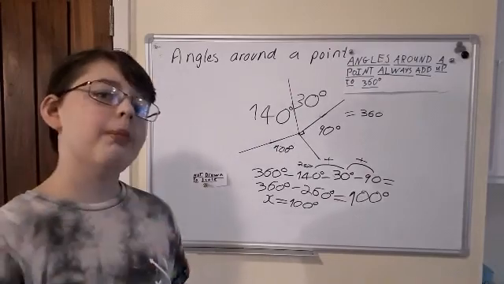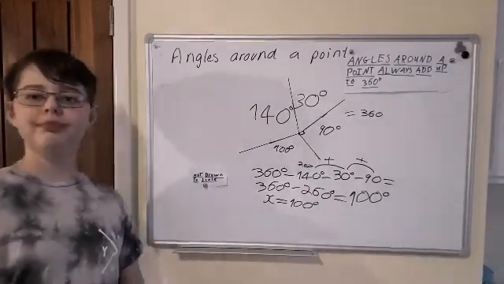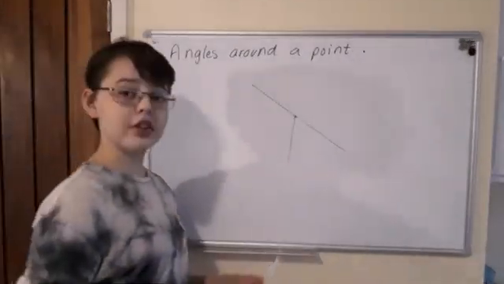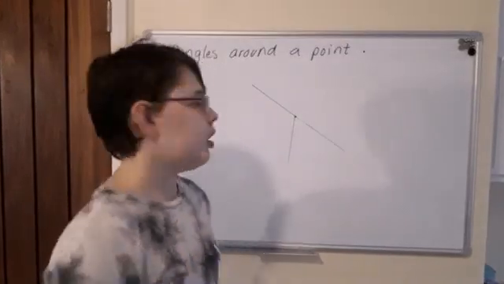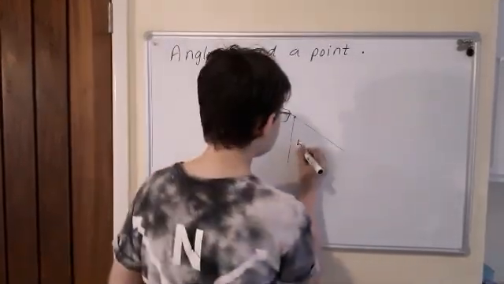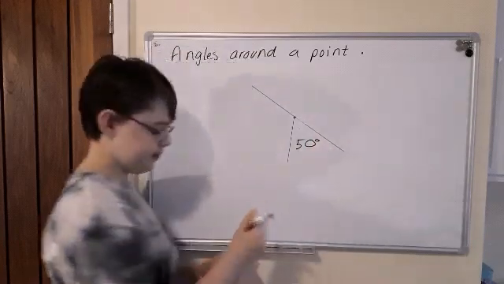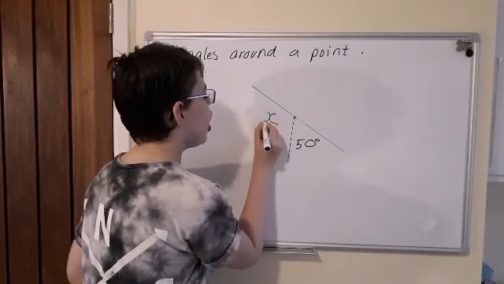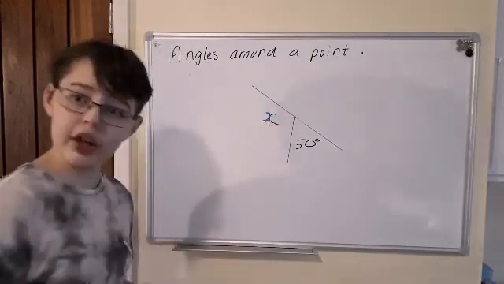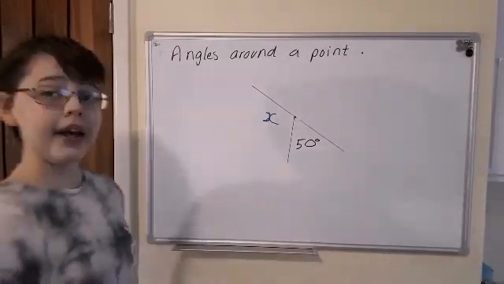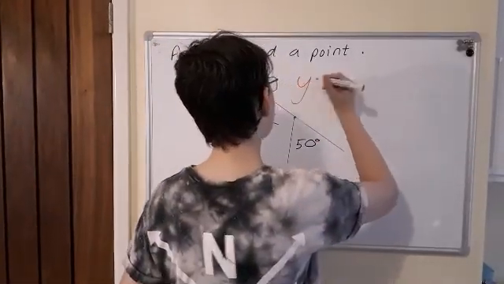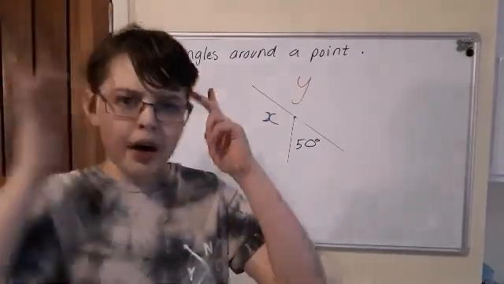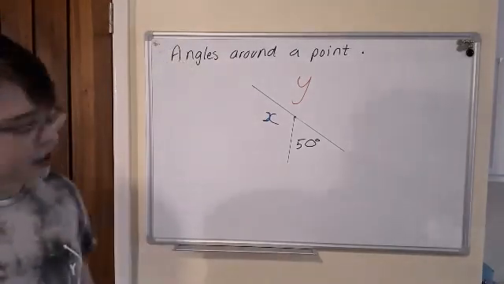We are going to do one more example just to make it easier for you to follow. Okay, so this is example 2. We're going to look at some other ways to figure it out. Let's call this angle 50 degrees. This angle is one of the two angles we're going to find. That's angle X and angle Y. Two angles to find here. So let's use a bit of our maths knowledge. So what do we know? So let's look at this.